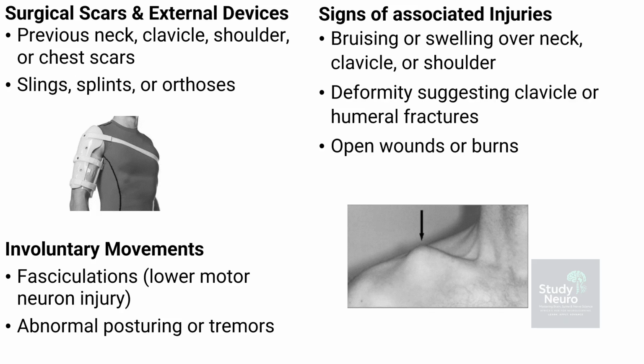Next, observe for involuntary movements. Small muscle twitches, known as fasciculations, can suggest a lower motor neuron injury. Additionally, abnormal postures or tremors may point to underlying neuromuscular issues that require further assessment.